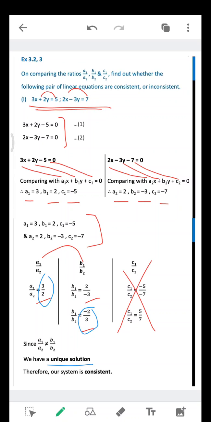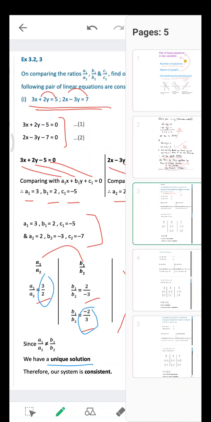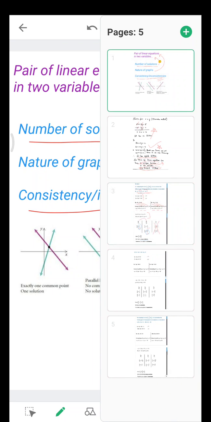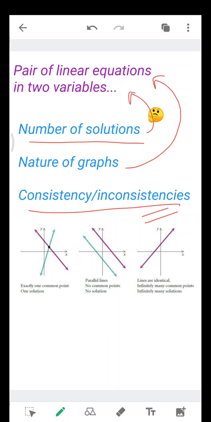And when you draw the graph of this type of equations, like you have learned in 9th class how to draw graphs, you will get intersecting lines. How will the lines be? Intersecting lines. For one solution, the point of intersection, wherever these lines meet, is called the point of intersection, and that will be your solution.